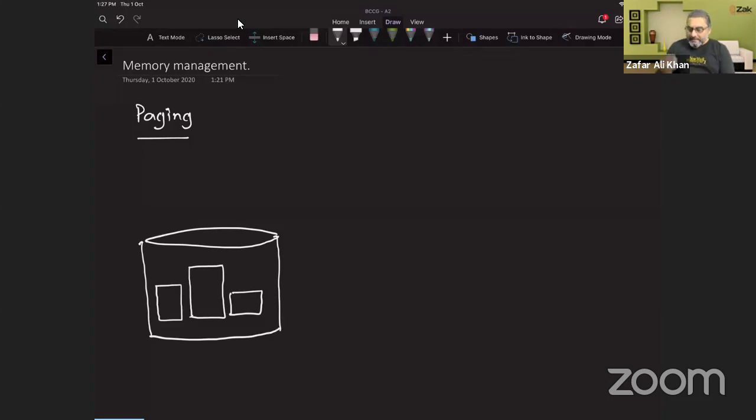So this is the hard disk drive. These stored programs are logically divided into different blocks or partitions of fixed size.